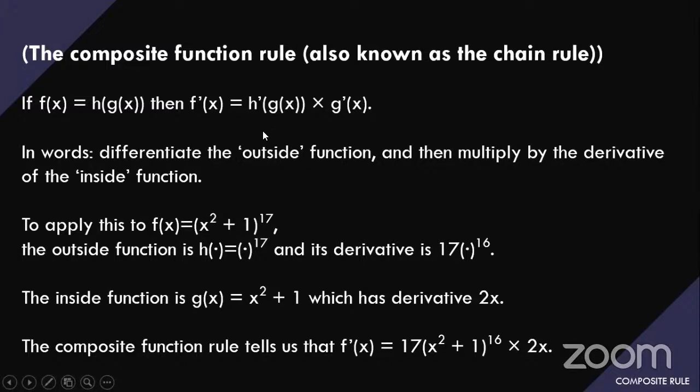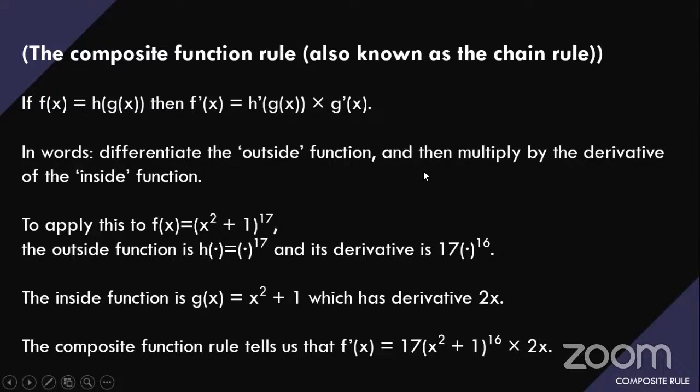What is the outside function? The outside function is h. So we differentiate it, and it gives us h prime of g of x.